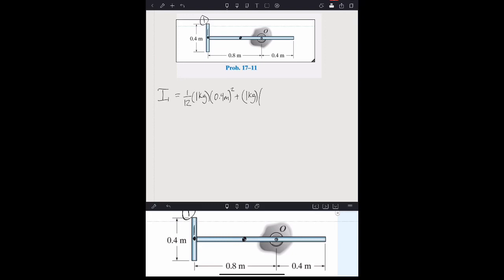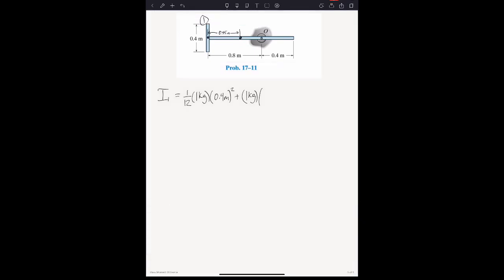And that distance, as we recorded earlier, is 0.45 meters. So, 0.45 meters. That's equal to, well, something.